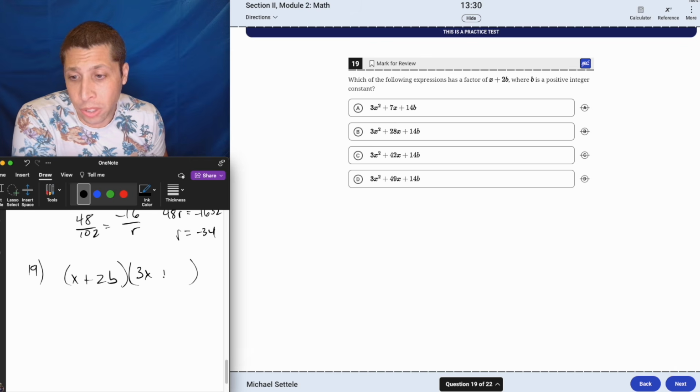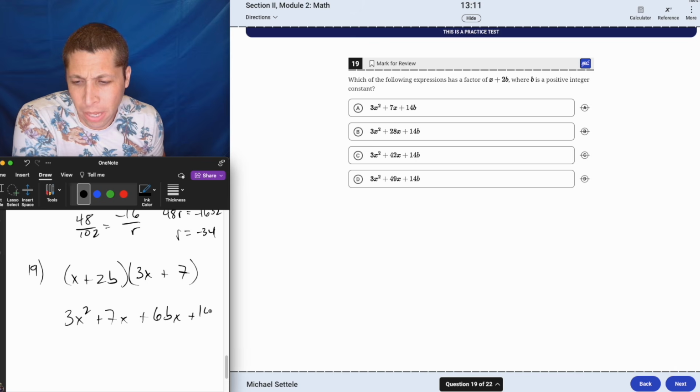So how would we get 14? That would be 7, right, because I'll have 14b at the end. So 3x squared plus 7x plus 6bx plus 14b.